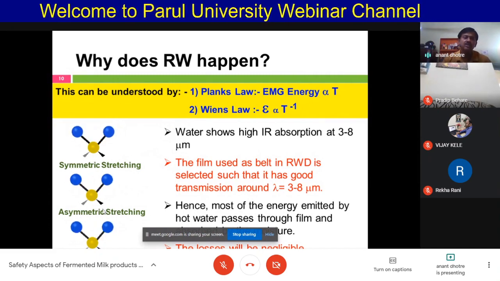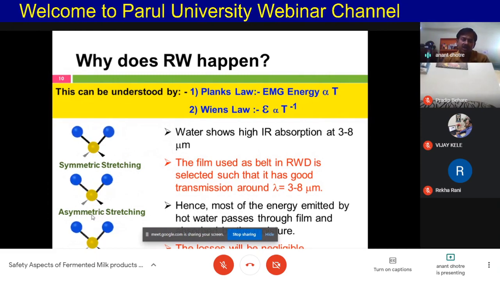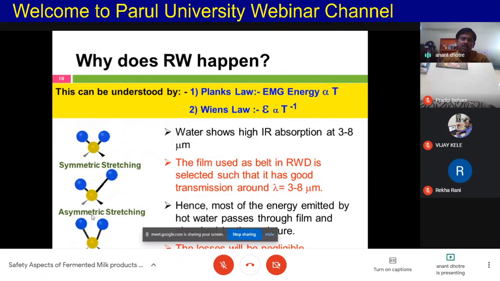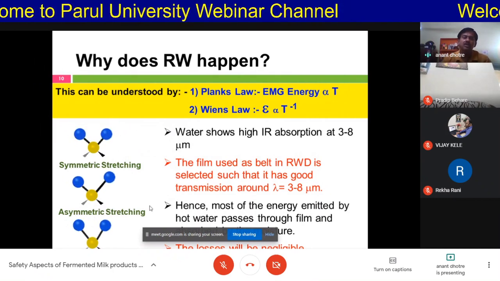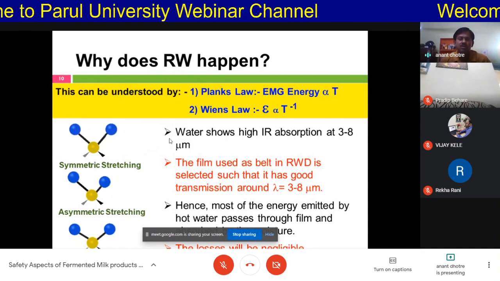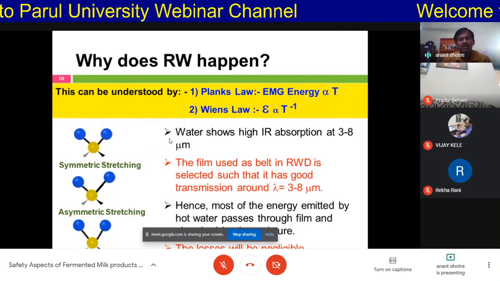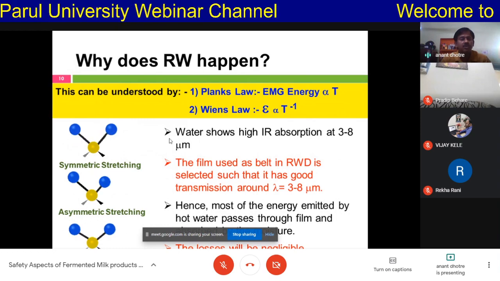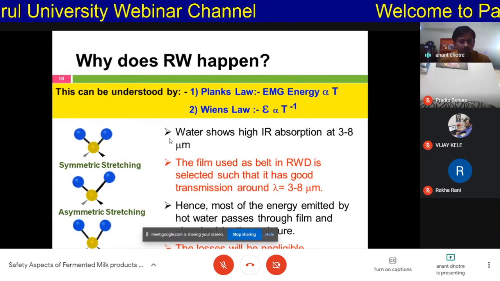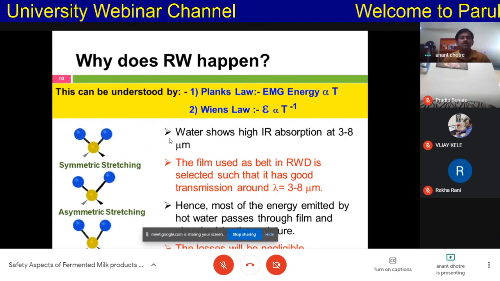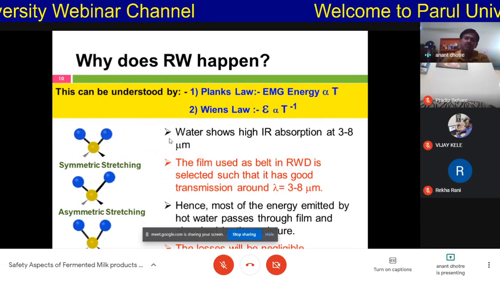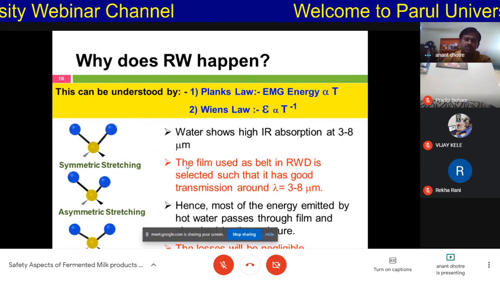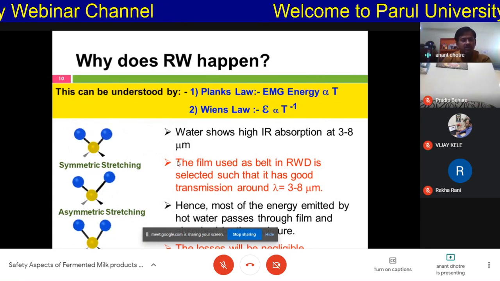So if we consider water molecules, our target component is the water molecule, which we need to kick out from the food material. Now the water molecules show high infrared absorption at 3 to 8 micrometer wavelength. It is a scientific principle, and it is an established fact in all kinds of electromagnetic studies.